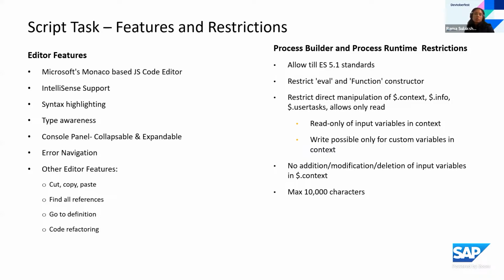If you want to write the changes you have made to the data, you'll have to create a custom variable and write onto that. There is no direct addition, modification, or deletion of input variables possible in the context, but as I said earlier, the custom variables can be modified. The editor also has a restriction of a maximum of 10,000 characters.